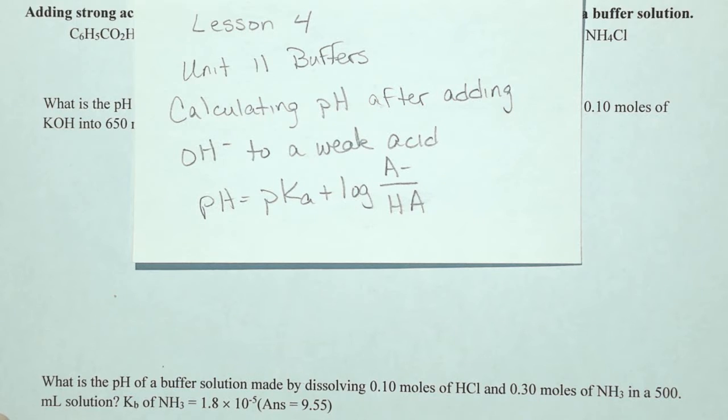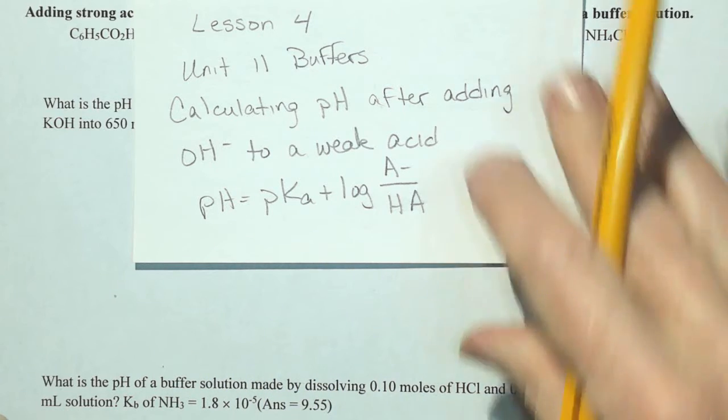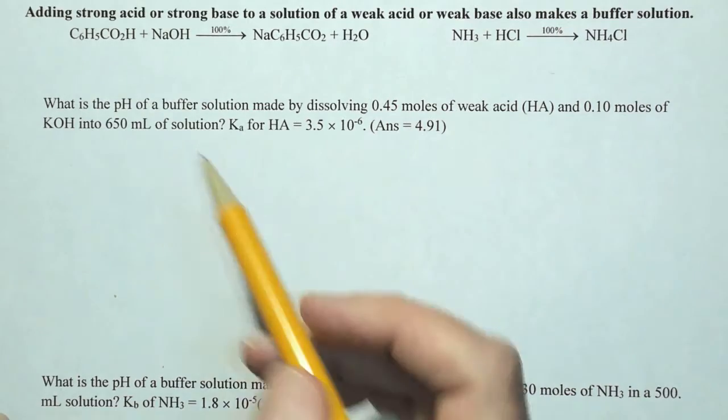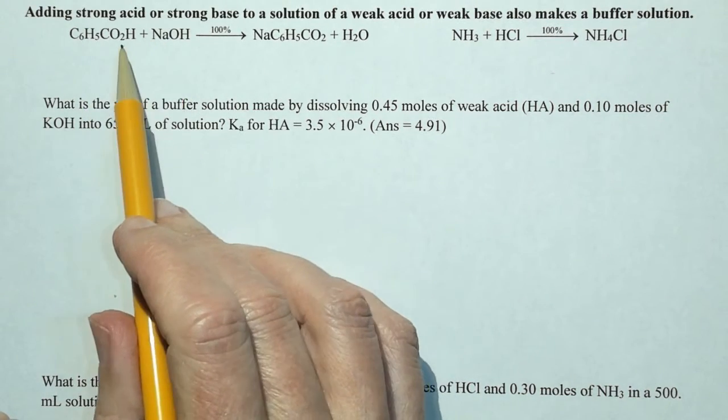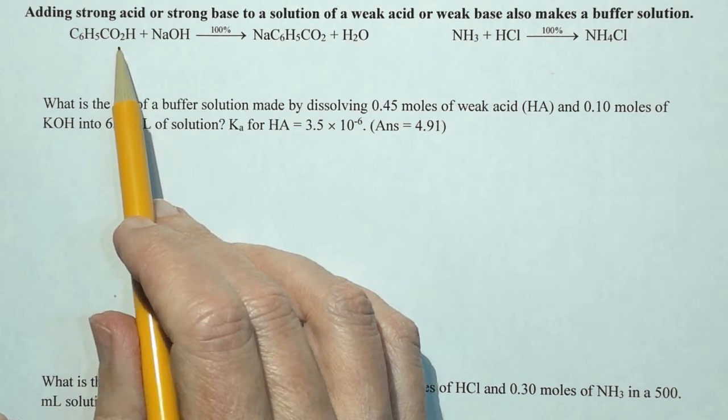This is Lesson 4, Unit 11 Buffers, calculating the pH after adding OH minus to a weak acid, and we'll be using the equation pH equals pKa plus log A minus over HA. So let's take a look at adding a strong base to a weak acid right here.